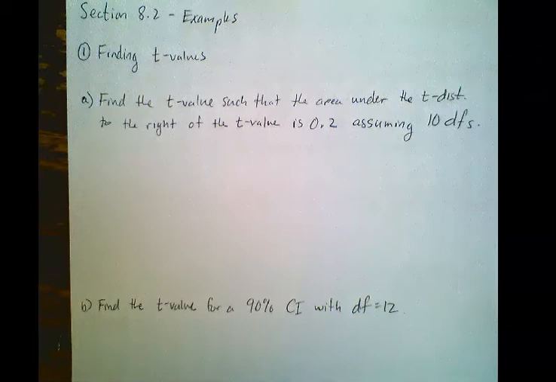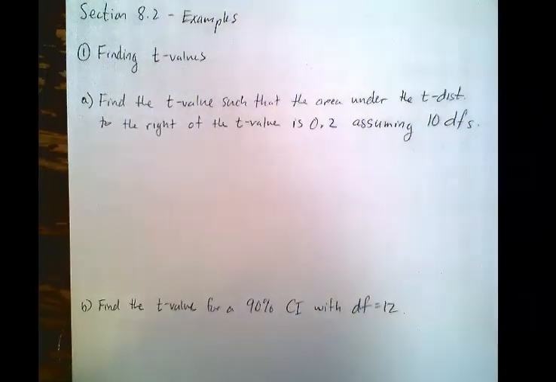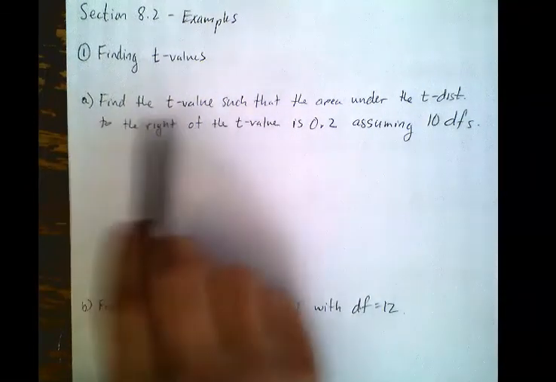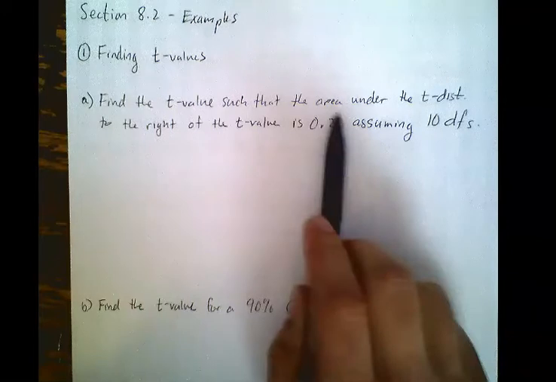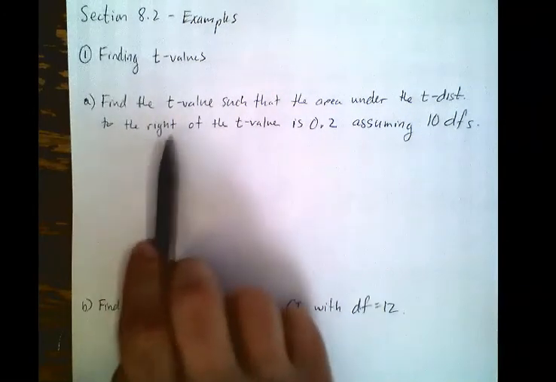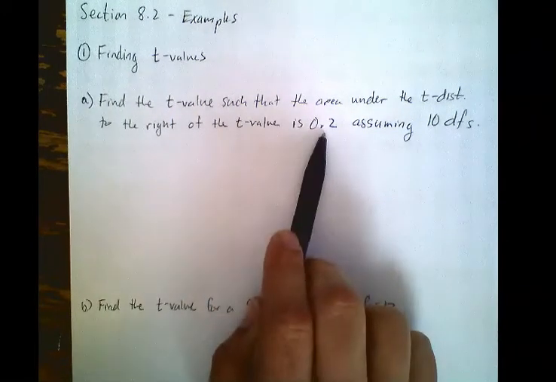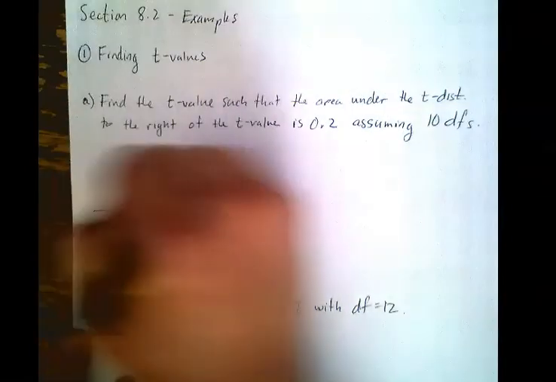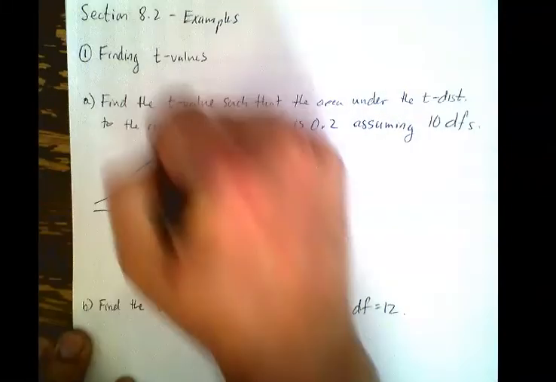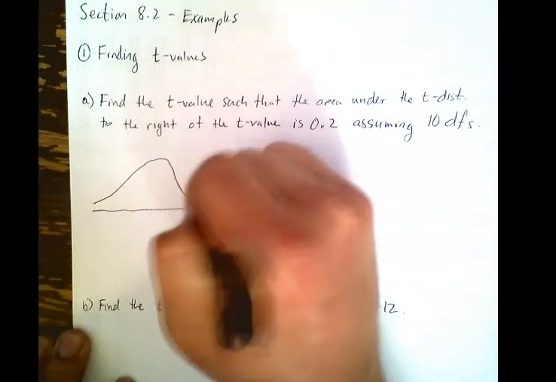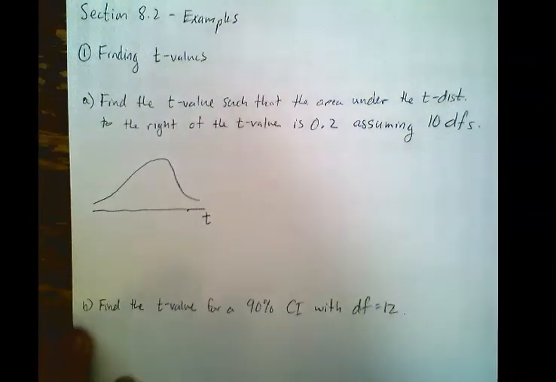Okay, so let's try this out. If we want to figure out this t-value such that the area under the t-distribution to the right of that t-value is 0.2, it's a good idea to make a graph here. This is our t-distribution. Of course, again, we're using t because we don't know sigma.